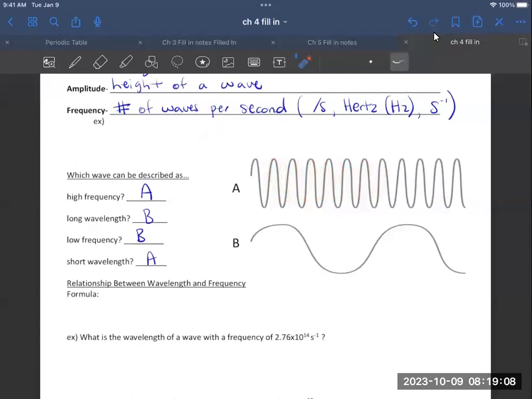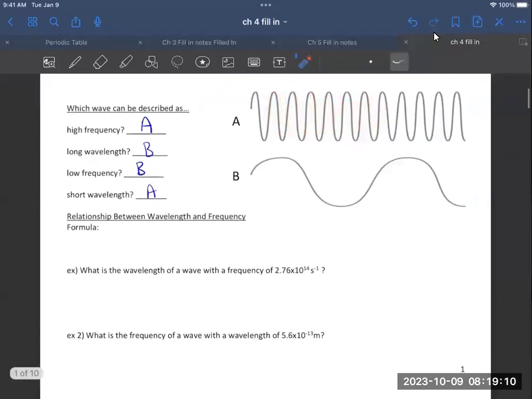All right, so when we describe electromagnetic waves, there is a formula that relates frequency and wavelength. The formula looks like this: c equals lambda nu.